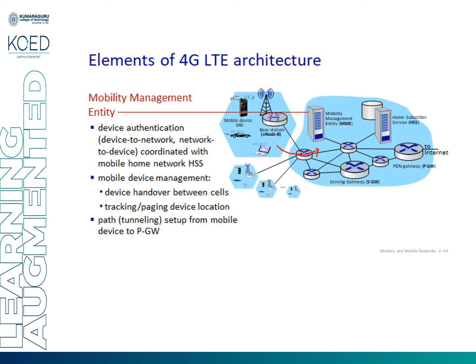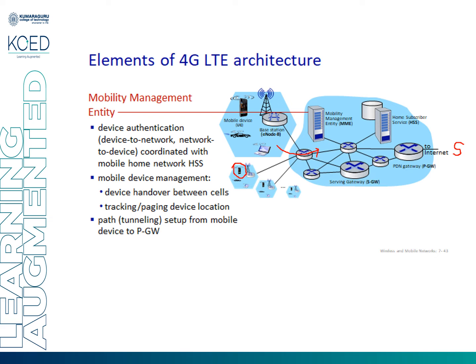It provides device authentication, device management, handover, and the path setup from the mobile device to the packet gateway. It is the responsibility of the mobility management entity to choose a particular SGW and packet gateway. Say a particular equipment which is connected to this particular eNode B wants to communicate with a different server.